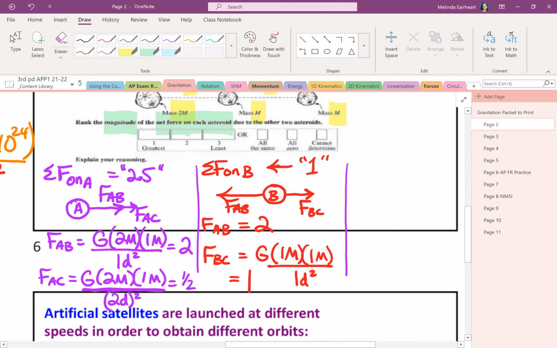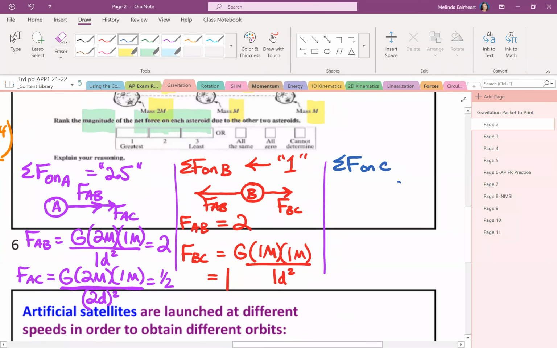All right, rinse and repeat. Now, the net force on C. Well, thankfully, we've already got AC and BC. And so A is going to pull it with a little arrow, 1/2, but this time to the left. So that's the half factor that we had previous. And then BC is a factor of 1.